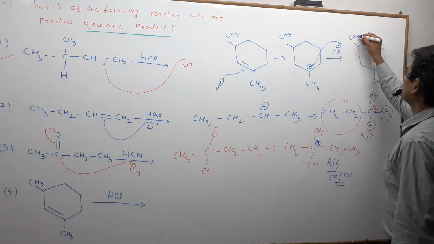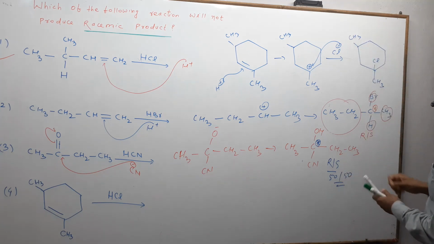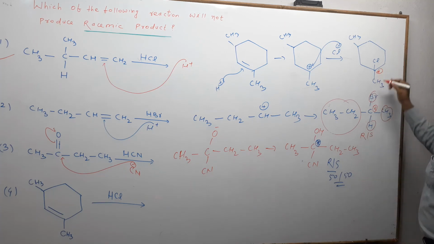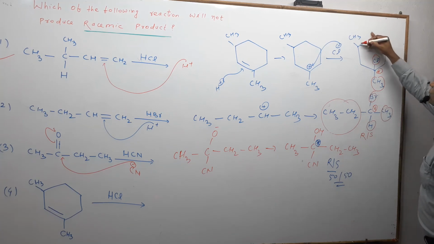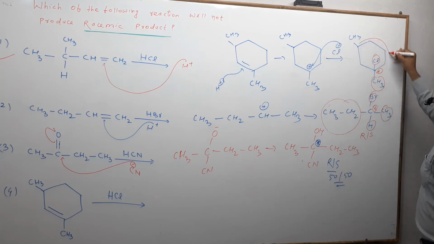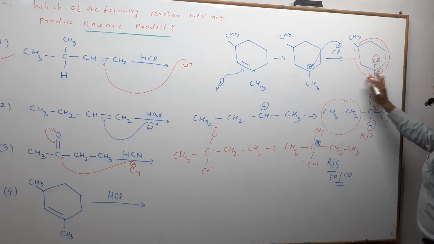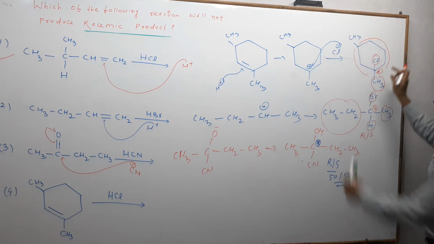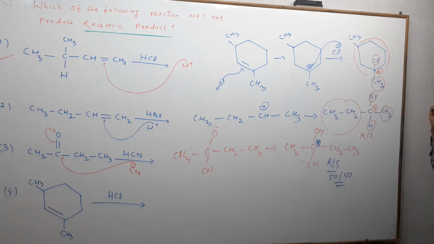So we can see that here this carbon is a chiral carbon, because CH3 and Cl are different groups. Also, when you move from this path and this path, there is one carbon in between on one side and three carbons on the other, so both are different groups.